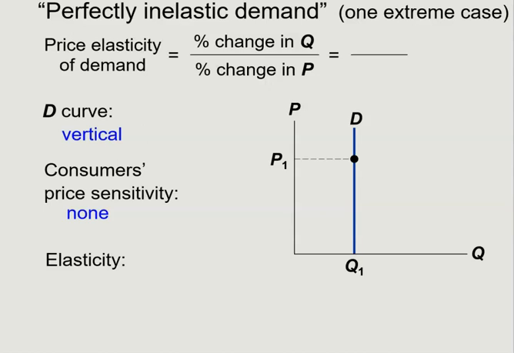It's called perfectly inelastic demand. This is an extreme case here. Again, percentage change in quantity over percentage change in price. If the demand curve is vertical, then you're going to find when price falls by 10%, that's just, we arbitrarily pick one number, you can try different ones for sure, then here you would find that the quantity demanded doesn't change at all.